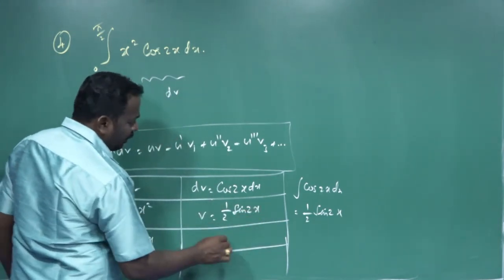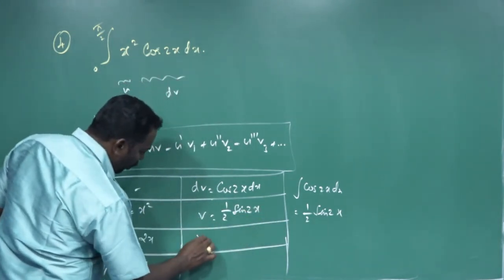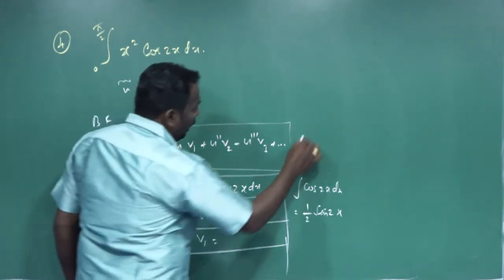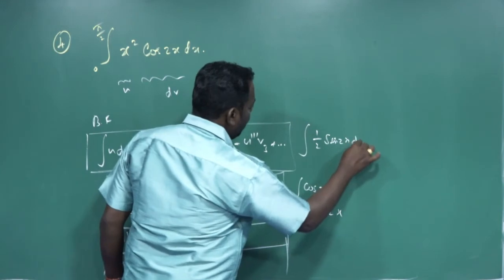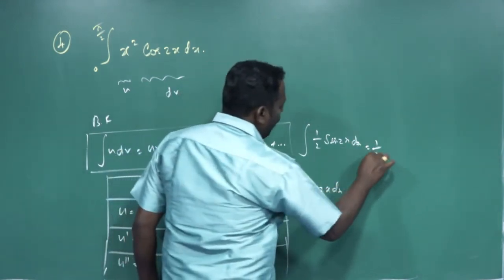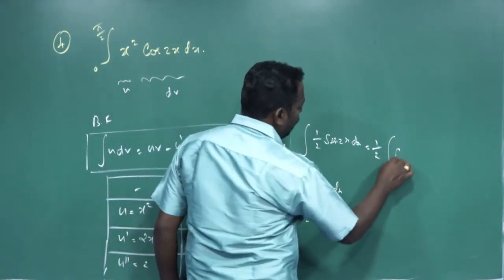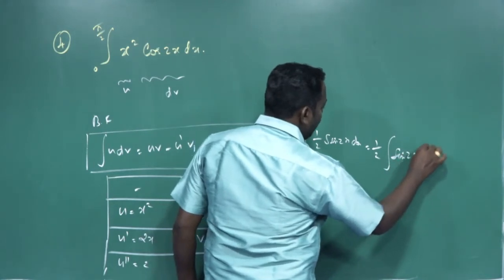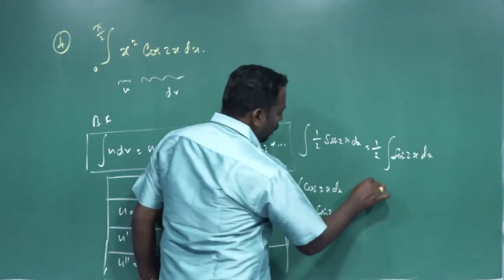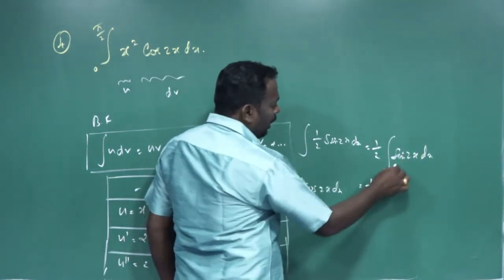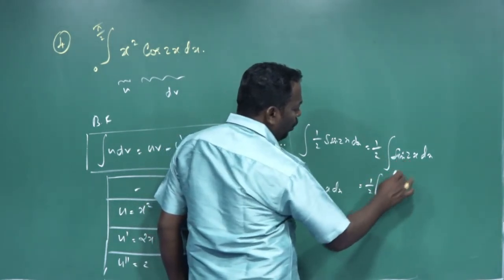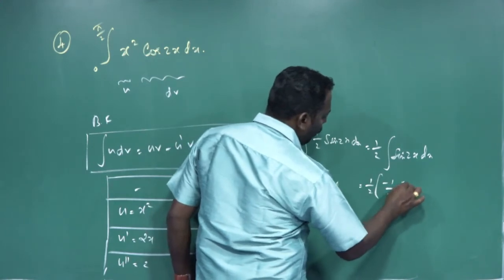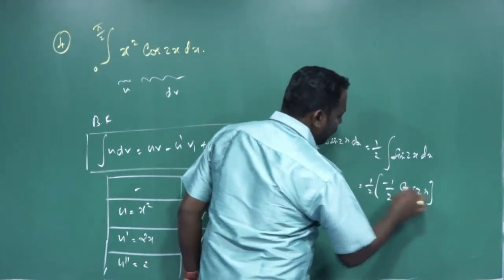Now again the integration of v is defined as v1. The integration of 1 by 2 into sin 2x dx is 1 by 2, the constant term, kept outside, times the integration of sin 2x dx. The integration of sin becomes minus cos, with a equal to 2, so minus 1 by 2 into cos 2x.